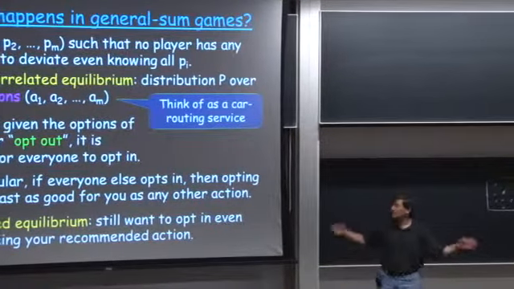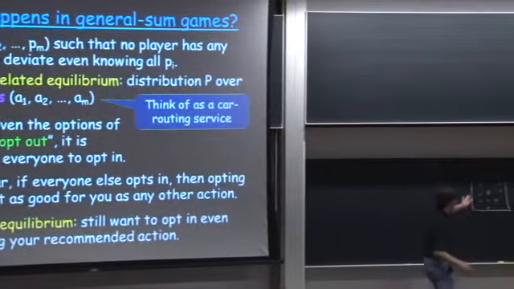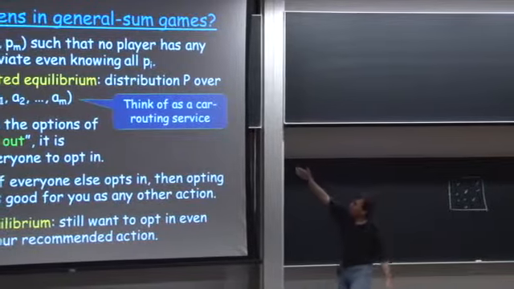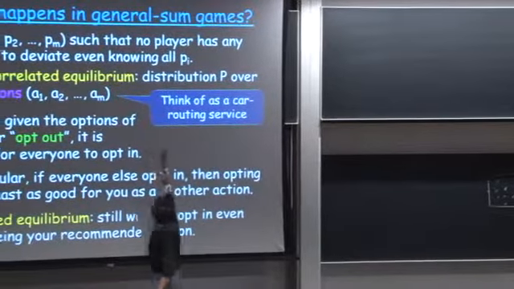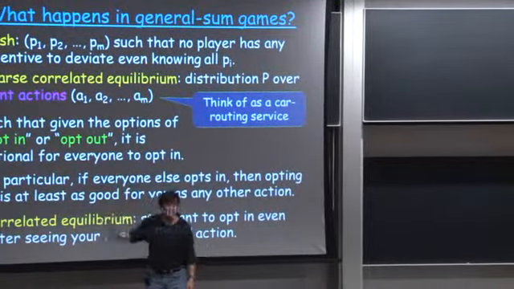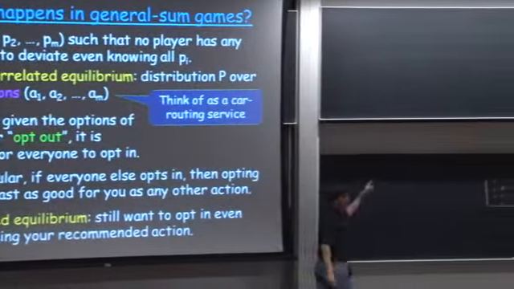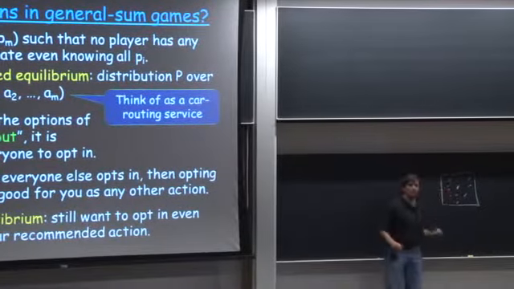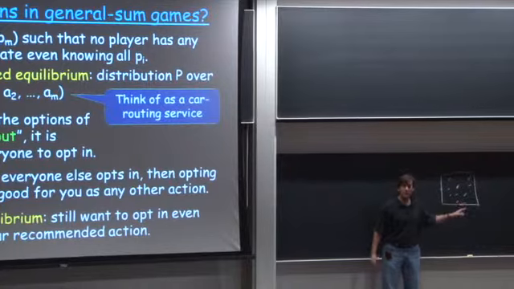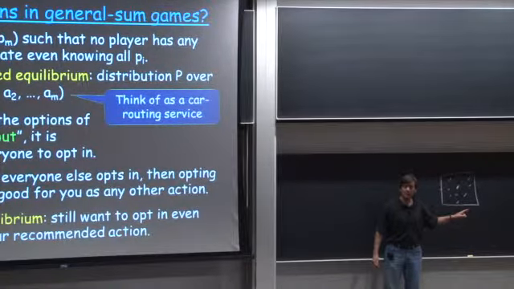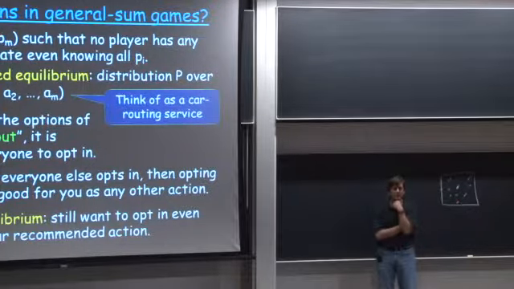We do this for 1,000,000 times, and we create this empirical distribution. What is this P over joint actions? It's the P that just picks a random time from 1 to 1,000,000 and picks the check mark from that time. It just picks one of these check marks at random and tells everyone to play that way.